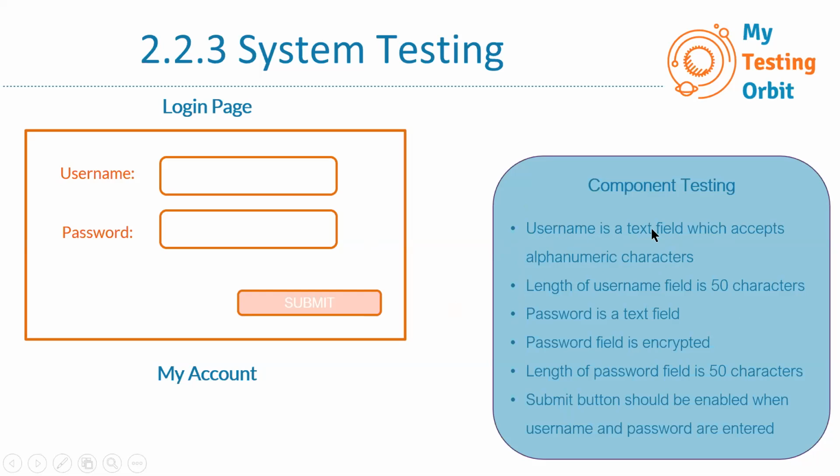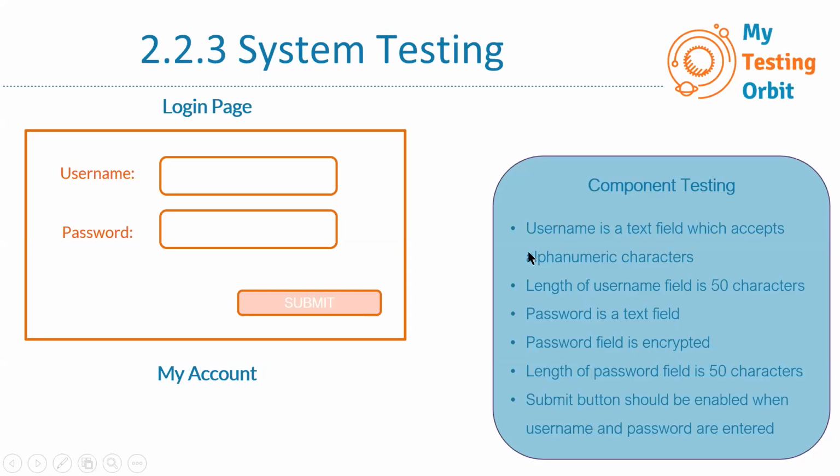Username is a text field which accepts alphanumeric characters. Length of username field is 50 characters. Password is a text field, and the password field is encrypted.